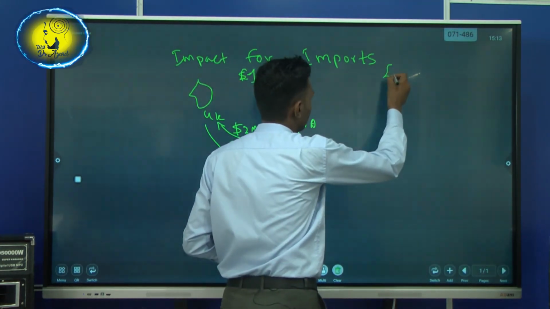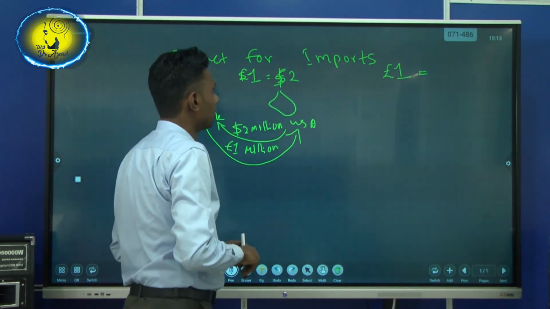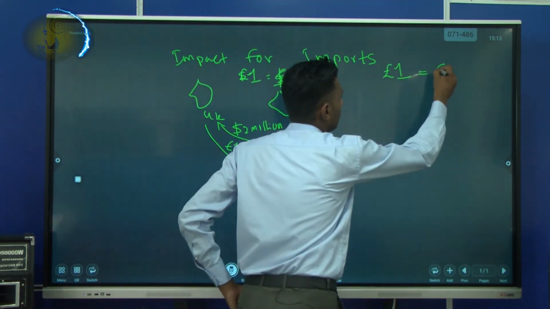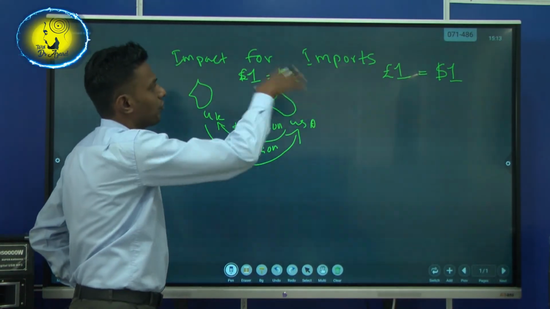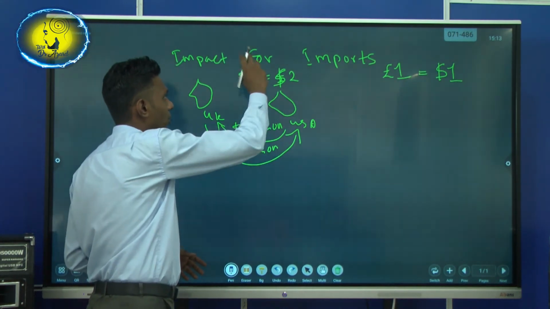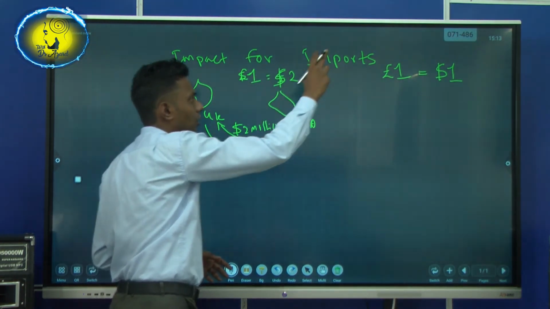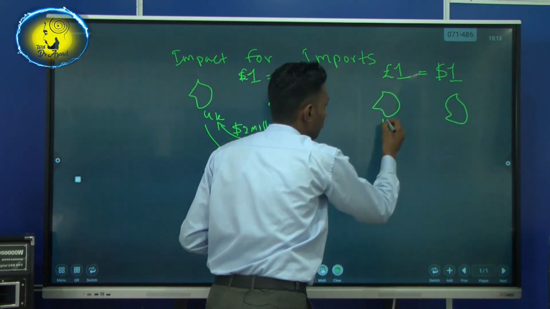Now we know there is a fall in the exchange rate. Before it was 1 pound equals $2. Now it's 1 pound equals $1. What happens to the imports?